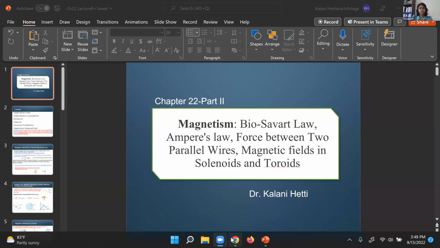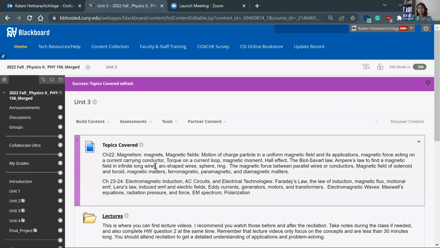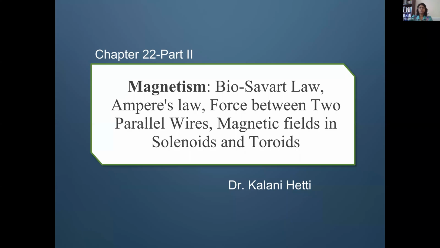Okay, so now, according to your chapter, this section will be the second section in unit 3, but still under chapter 22. Within this chapter, we're going to talk a little bit about Biot-Savart law and Ampere's law.